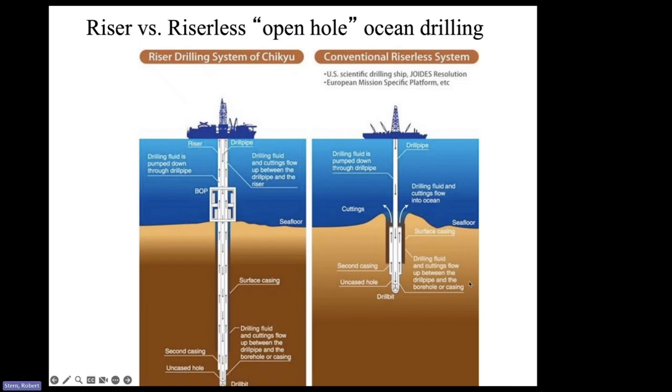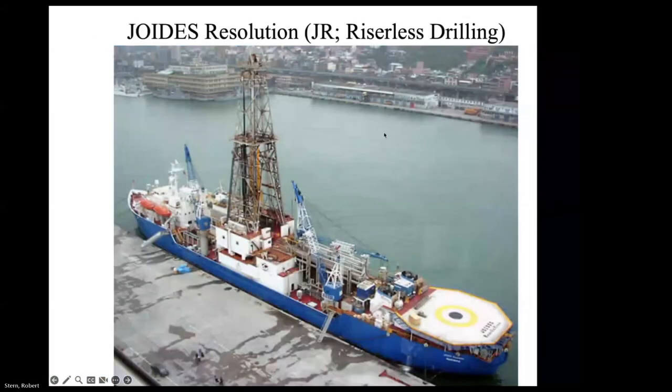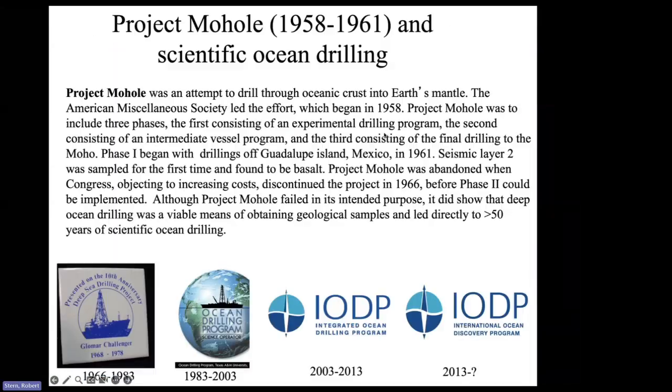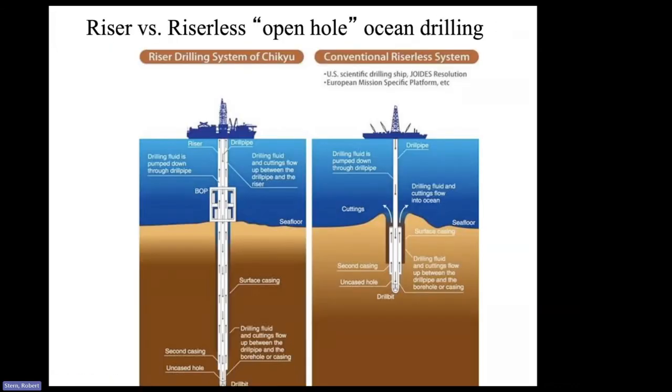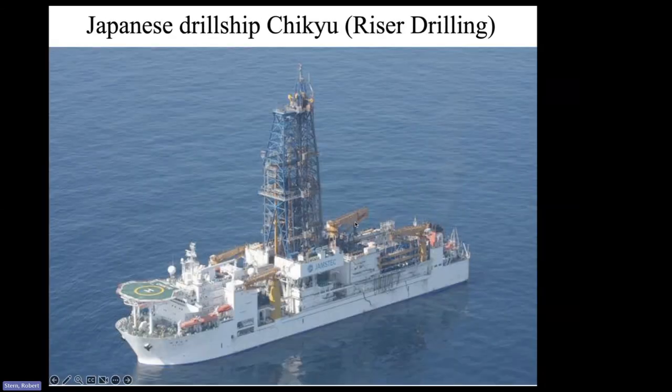So this is what was done by this group, this group, this group, and this group, all did riserless drilling. And then now the Japanese, this new ship of the Japanese, is doing riser drilling, much more difficult.